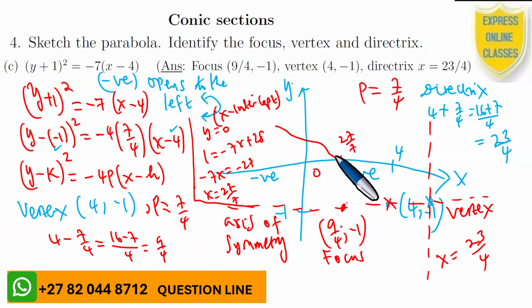It's going to cut like this, as it opens to the negative x, and the negative x is that way. And then obviously by symmetry, it's going to be like this. It's going to cut through wherever x is 0.